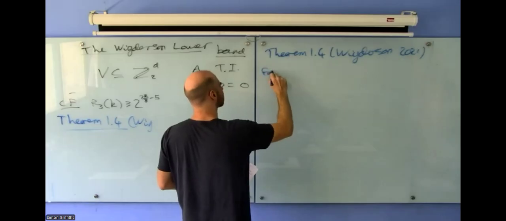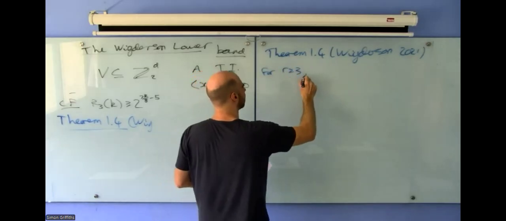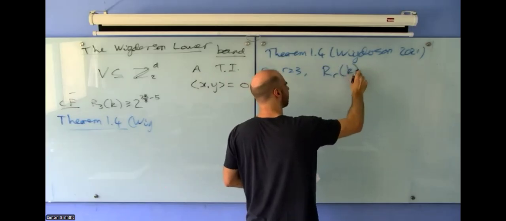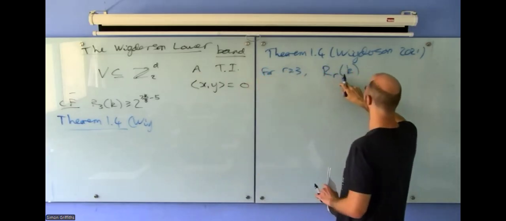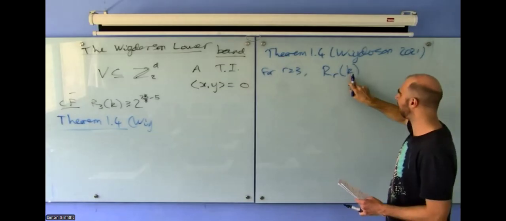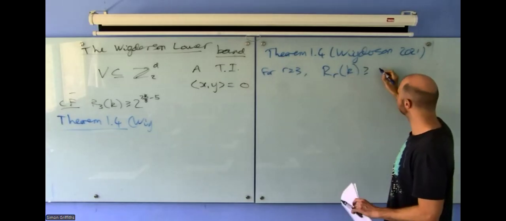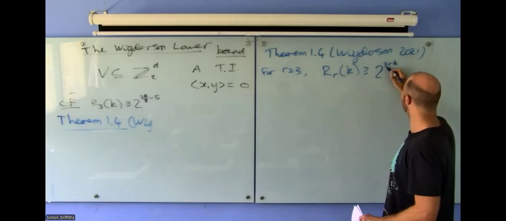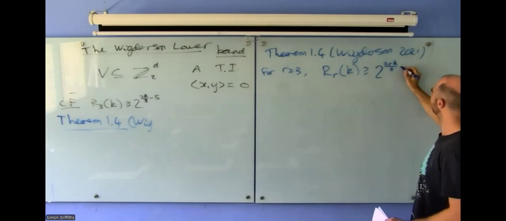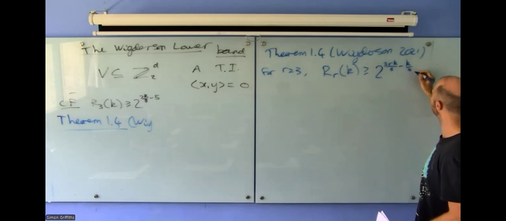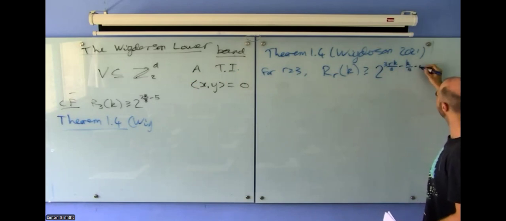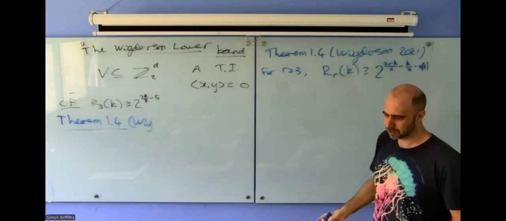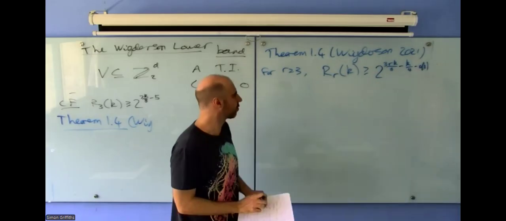For all r at least 3, if you're looking at the diagonal multicolor Ramsey number, with r colours and cliques of size K, this is at least 2 to the 3rK/8 minus K/4, up to lower order terms, so minus K. So this is the bound we will prove.